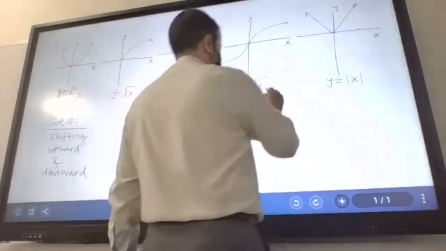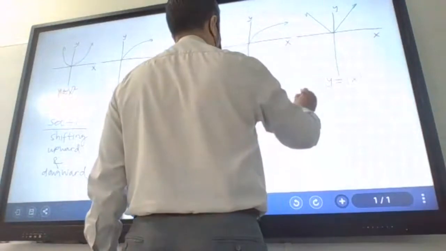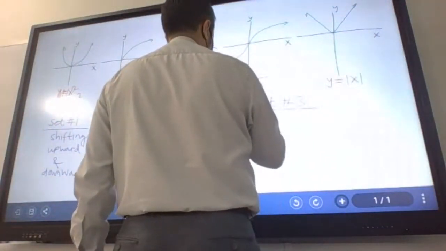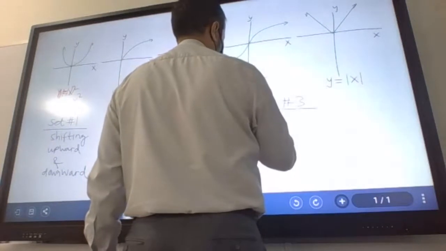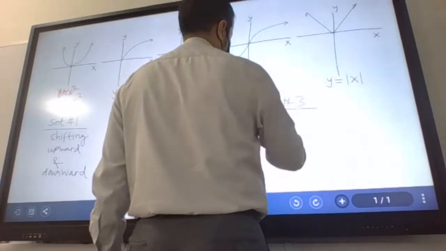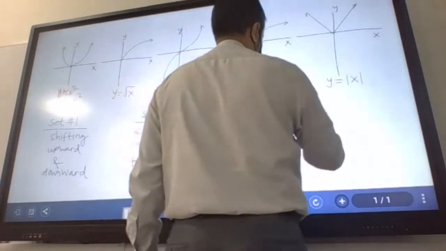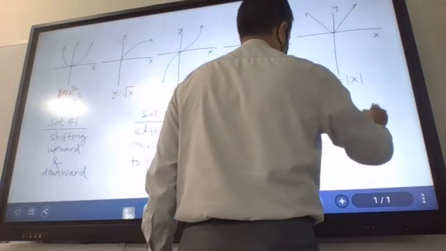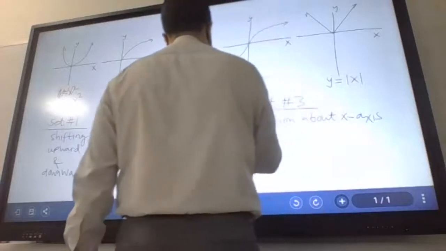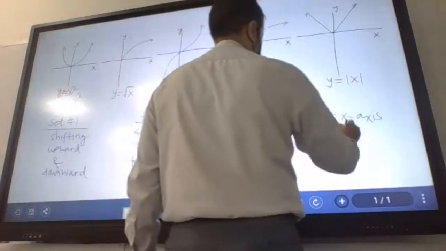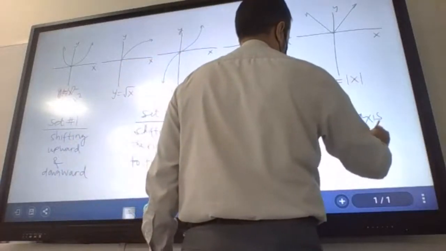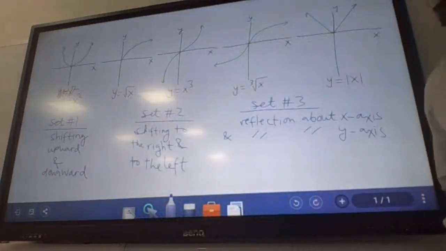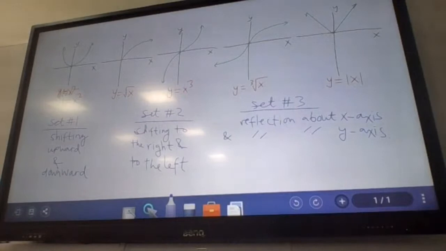Step number three, reflection about the x-axis and reflection about the y-axis. These are the transformations that we're going to use for today's class.